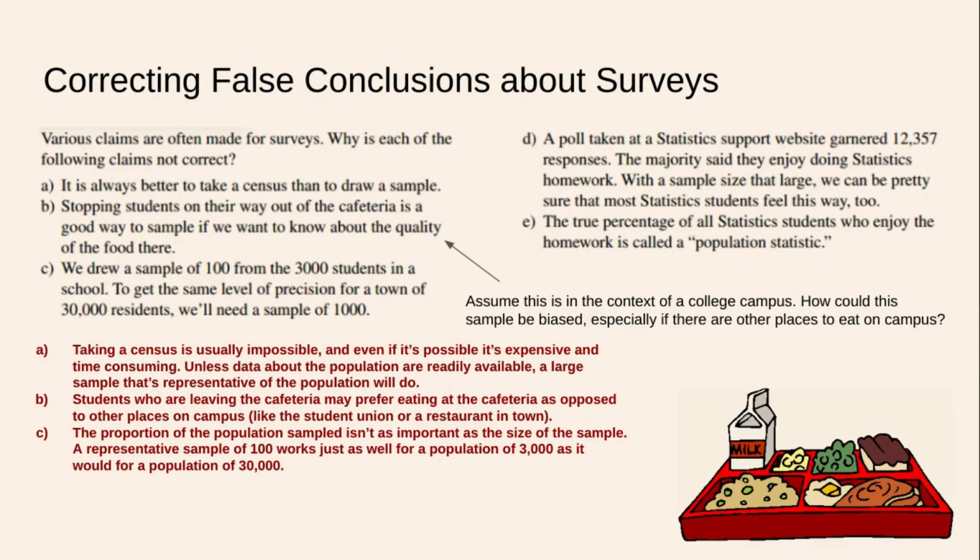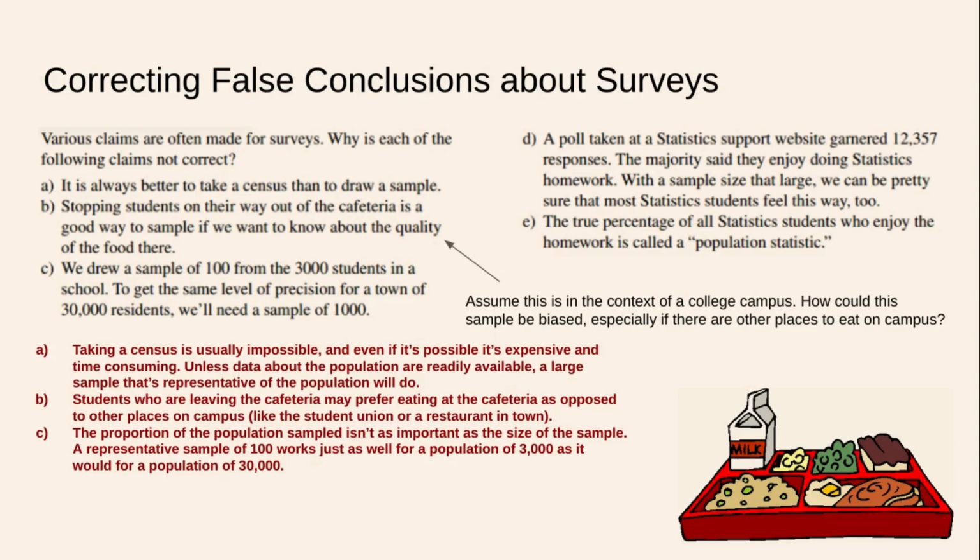The proportion of the population sampled is not as important as the size of the sample. A representative sample of 100 works just as well for a population of 3,000 as it would for a population of 30,000. Using the soup analogy, it doesn't matter how big the container of soup is. It could be a stock pot, it could be a little bowl. Doesn't matter.